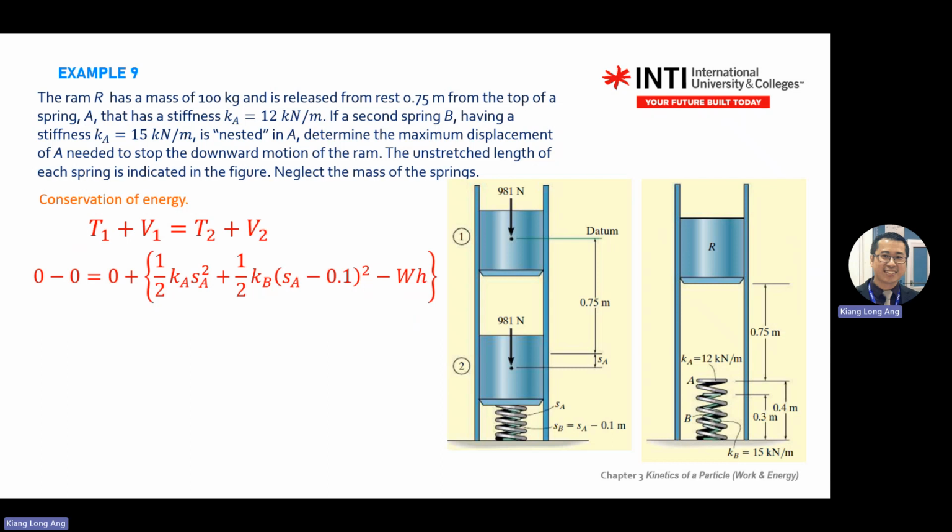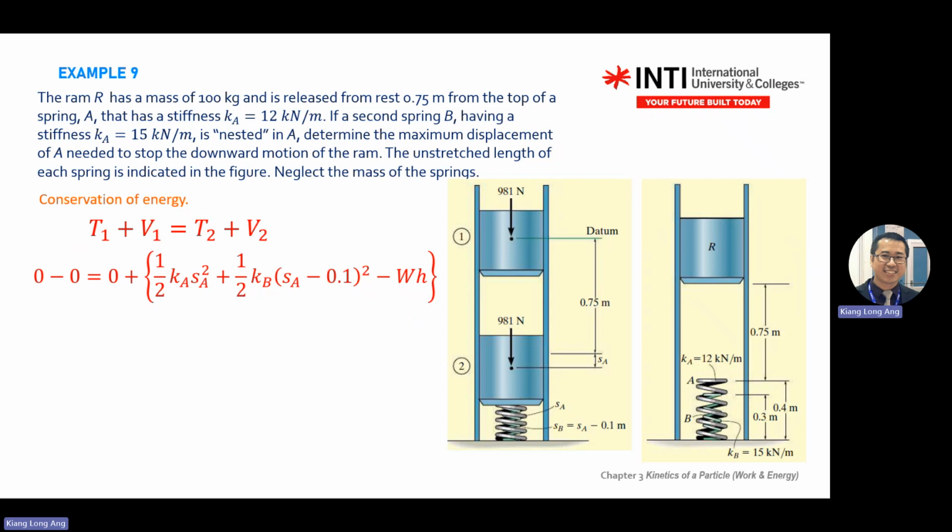Because the position is below datum. Then you deal with the spring. You have two springs, so you have two spring equations inside there. Half ks squared. K given for SA is already mentioned in your free body diagram, right? Then KB also the same. We already derived the KB distance. Substitute all the values, you should be able to find the maximum displacement, which is your SA.